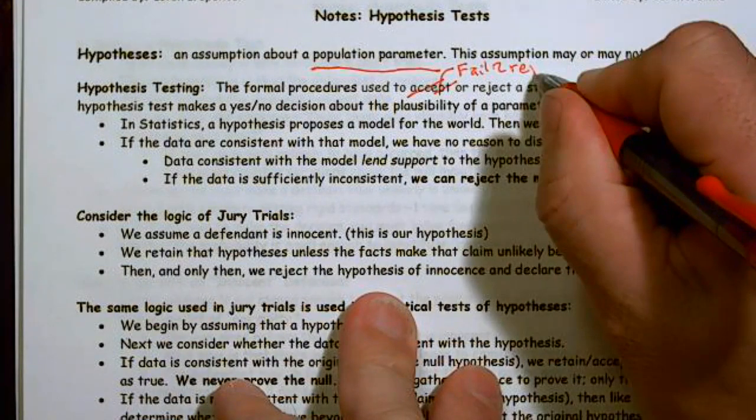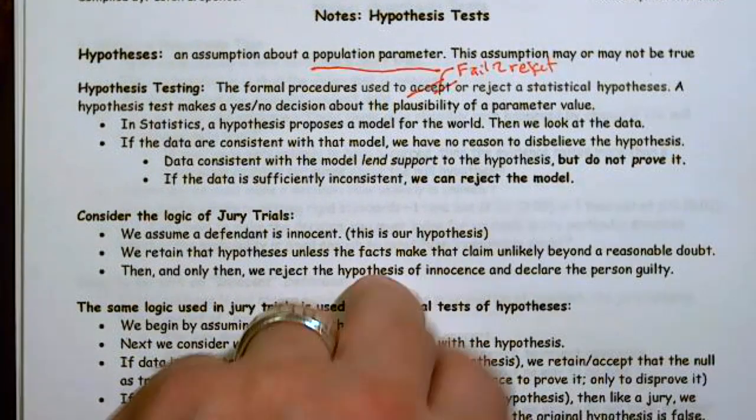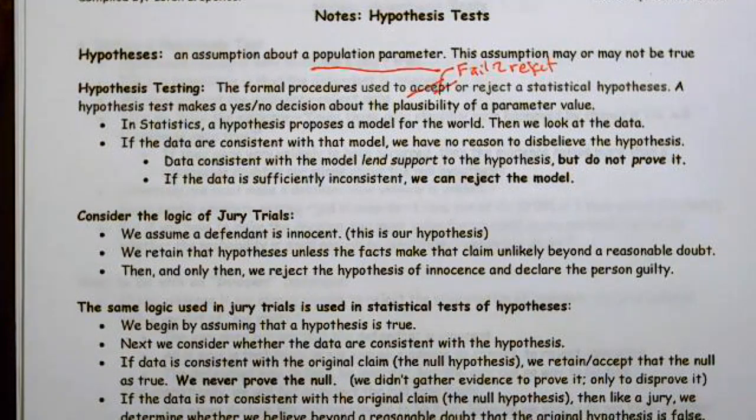We don't ever accept anything because honestly, as statisticians, we're never certain of anything. We're kind of haters. In other words, we say that we have enough evidence to say that it's not true. We never try to prove it.